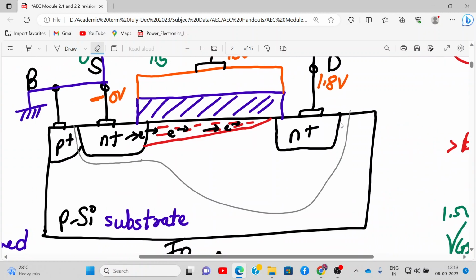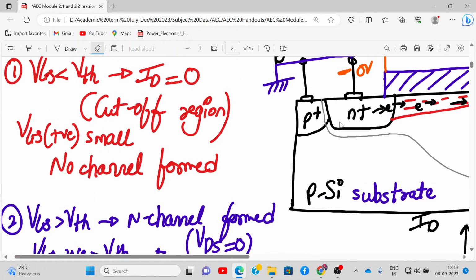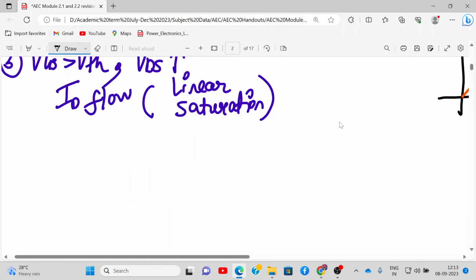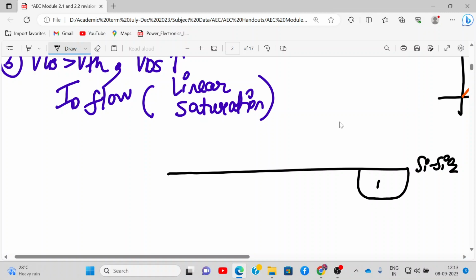Earlier, let me draw over here and show it to you. So let's consider this as the SiO2 interface. And this is my drain region, and this is my source region.